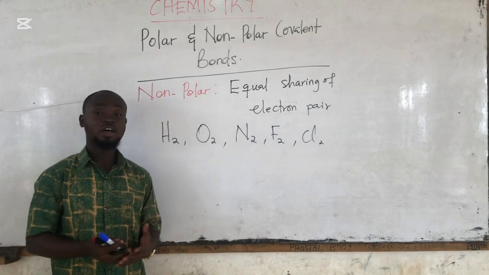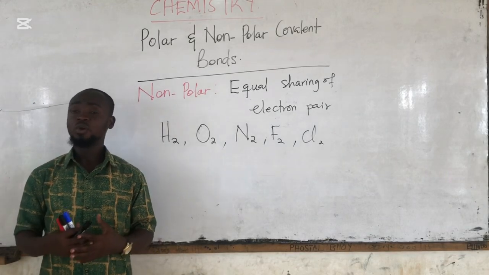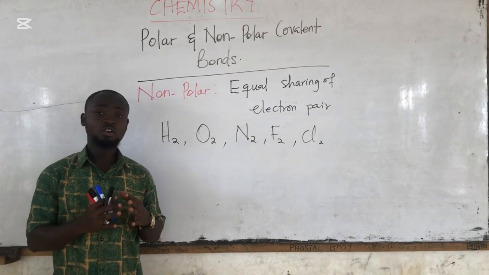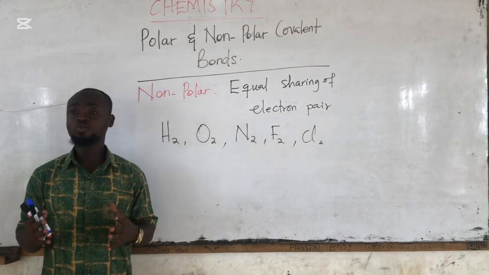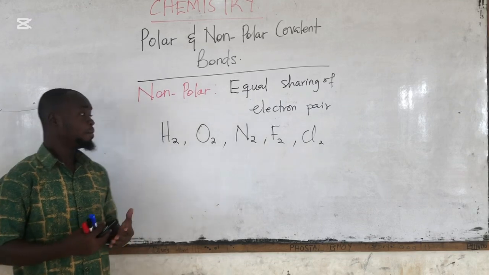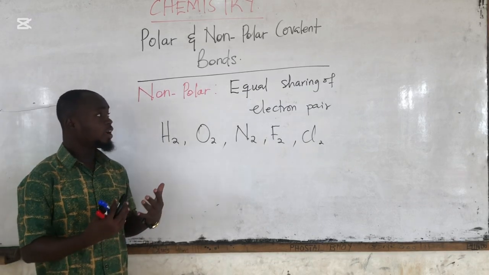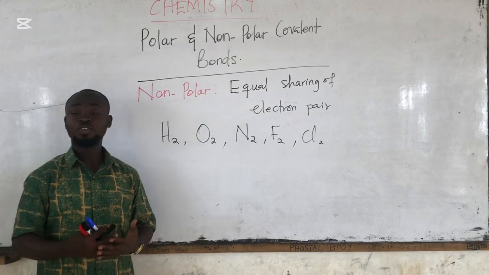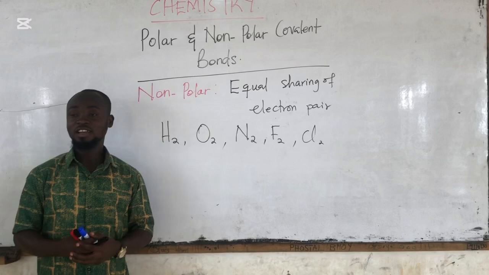Not only these ones exhibit non-polar covalency, we have other examples of non-polar covalency that we are going to use the concept of dipole moment to predict whether a compound is polar or non-polar. But for equal electron sharing pairs, we are going to use the homonuclear diatomic molecules to indicate that as well.